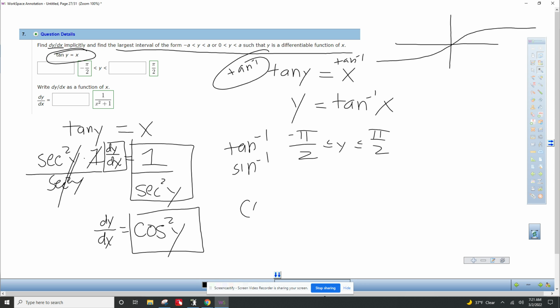Now, just so you know, to make things complicated, cosine inverse is defined between 0 and pi. So they both have a 180-degree range where they do not repeat values and therefore remain one-to-one, okay? So that's where this part comes from.